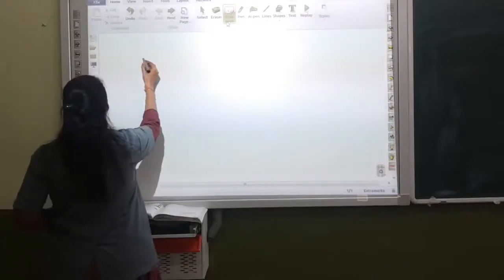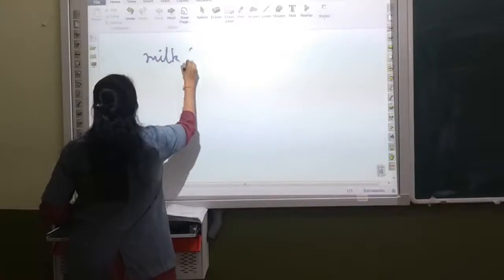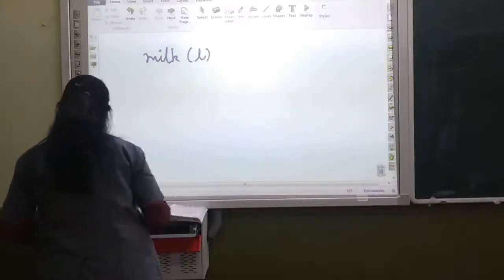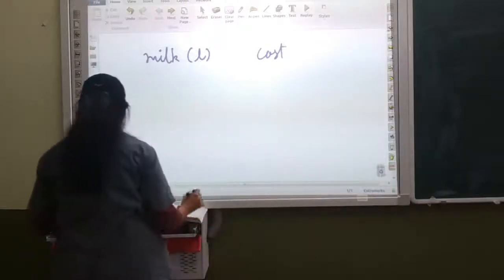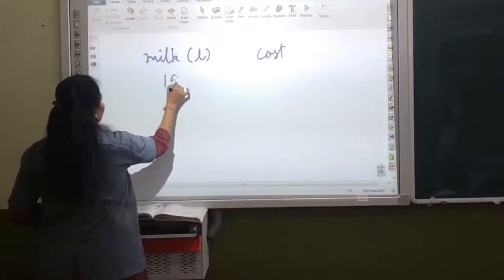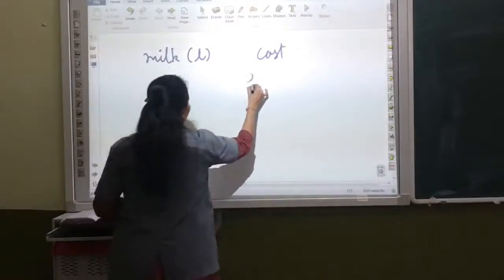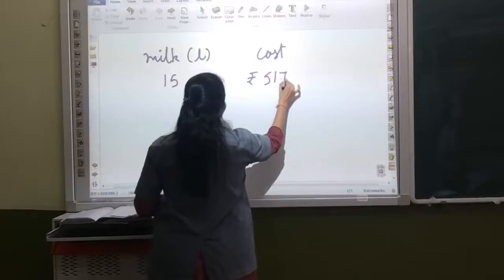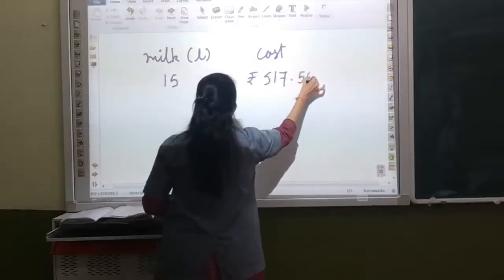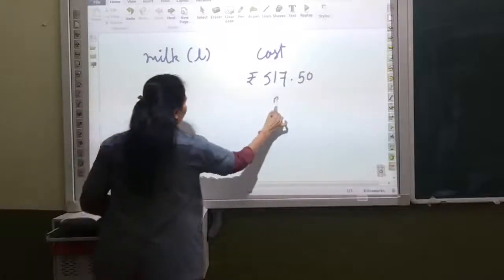So first here we write milk cost. So 15 liter milk cost is rupees 570 rupees and 50 paise. So here we find 1 liter milk cost.